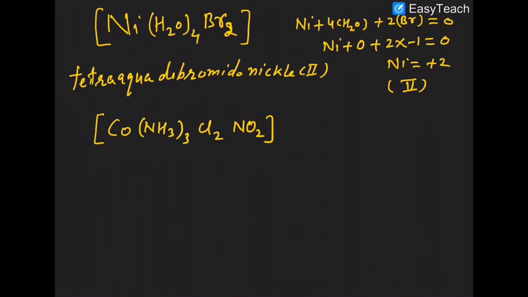Here also you can see cobalt is in the +3 state. You can find out because chlorine is 2, so -1 into 2. Nitrite is -1. Ammonia is 0, a neutral ligand. So cobalt is in the +3 state. So what is the name?